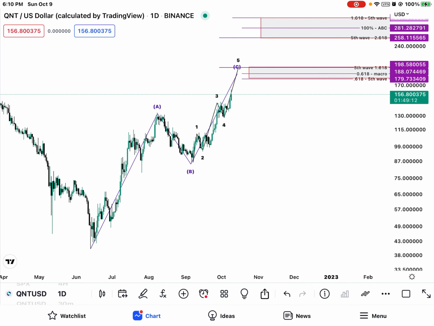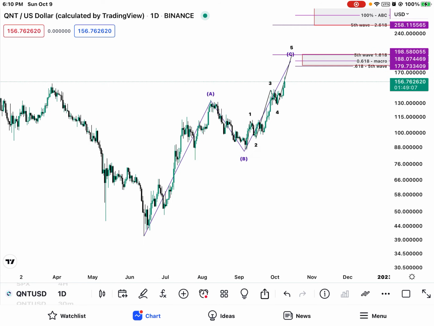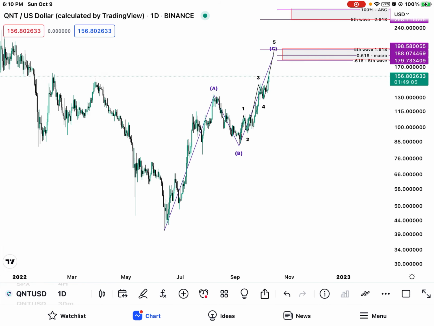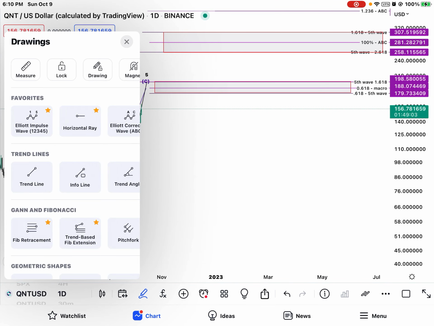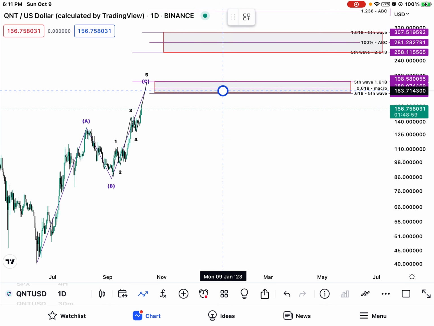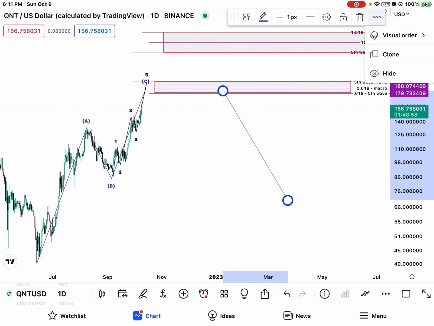So now, are we in an ABC? Are we just in an ABC correction, and we break down from these levels?